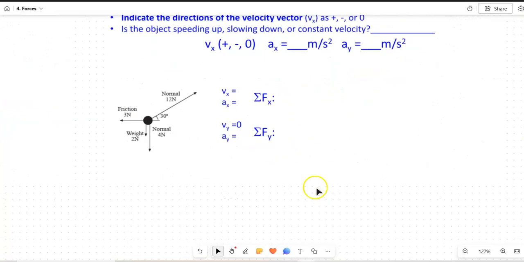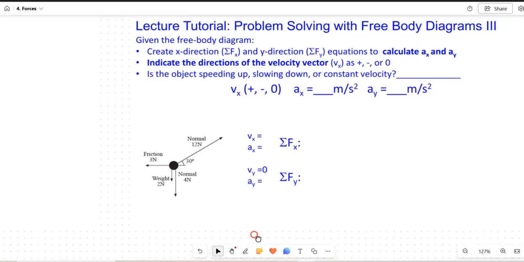Here we have a force diagram, and it's kind of weird because we have a normal force pointing up and to the right. That means there has to be a surface of some type here. And we have another normal force pointing straight down.